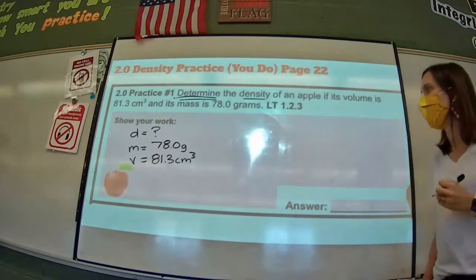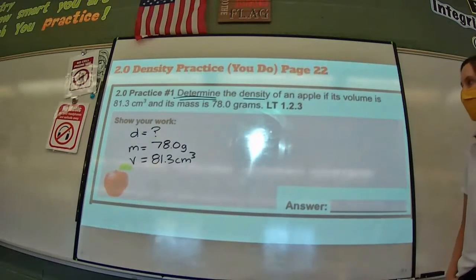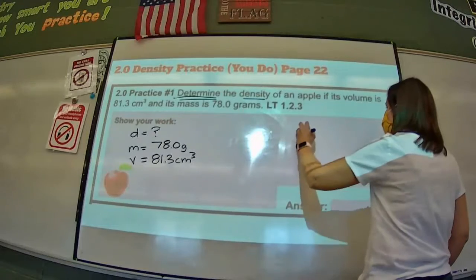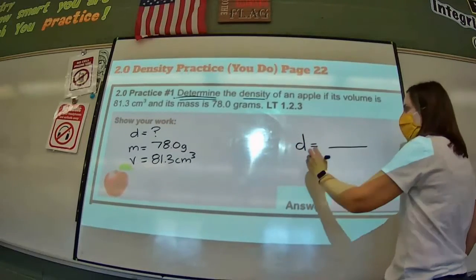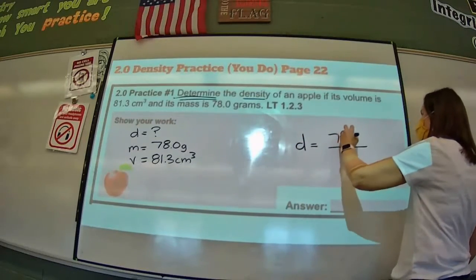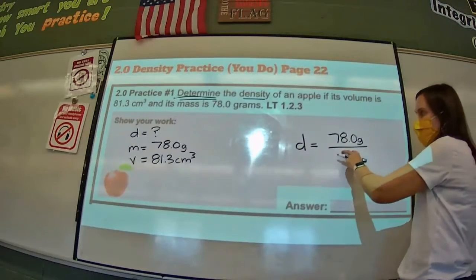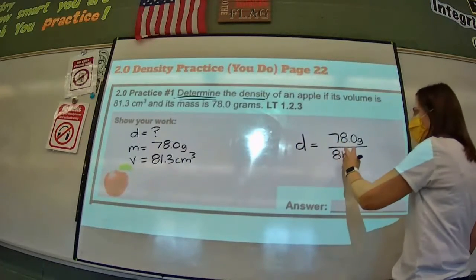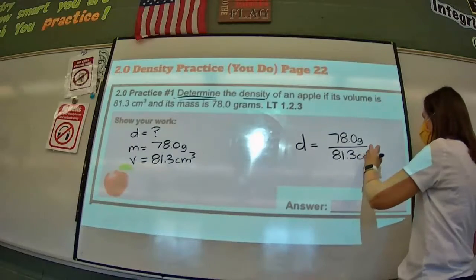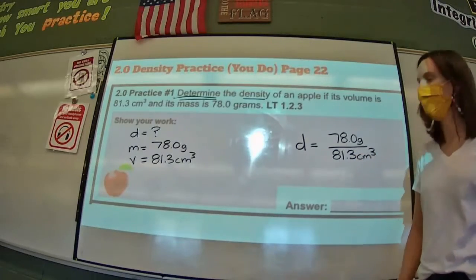Okay? So what we're going to do is we're just going to plug these numbers into our density equation. So density is equal to mass, so our mass is 78 grams, over, so over means divide by, 81.3 centimeters cubed. So now it's just a matter of typing that into my calculator.